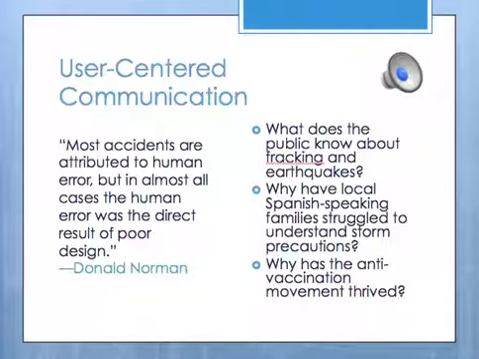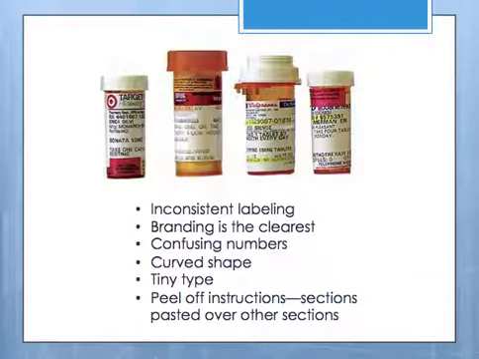Now I'm going to show you an example of poor design that was not user-centered. These are prescription bottles, and we all know what these look like. We can see lots of problems, especially if we step back and think about the users of prescriptions and those who are commonly using them most often. There's inconsistent labeling, first of all. As you can see, every pharmacy uses a different kind of label, so you never know where to look for your dosage or the directions or the name of the patient.